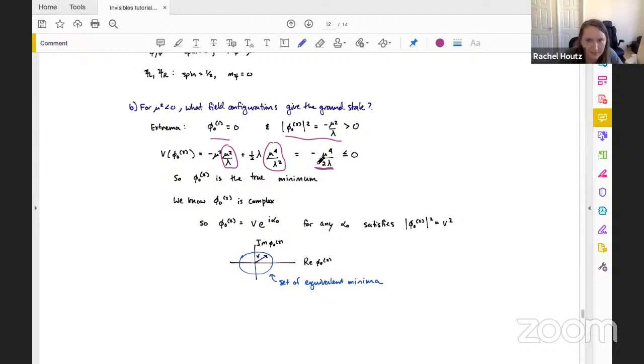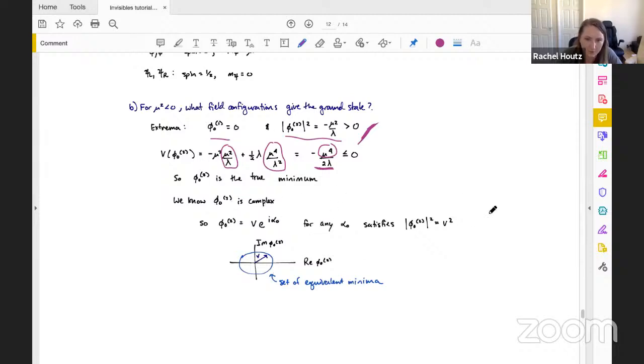Which is the case because even though mu squared is less than 0, mu to the 4th is still a positive number. So minus mu to the 4th over 2 lambda is negative. So this is now the true minimum. So phi naught 2 is the true minimum.